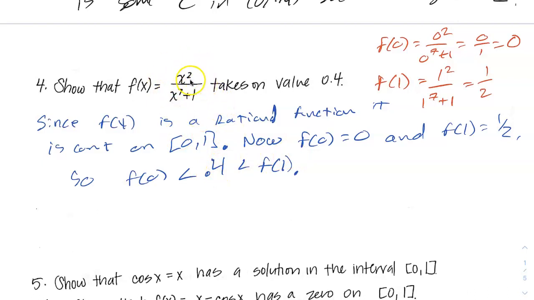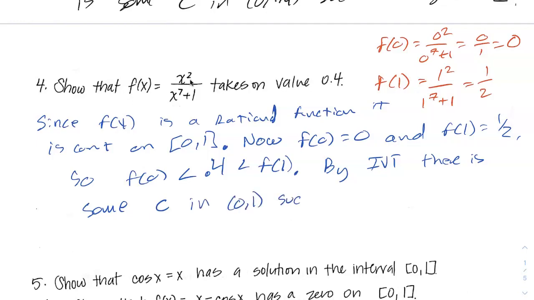So by IVT, there is some c in 0 to 1 such that f of c equals 0.4. Right, so it's a similar idea, just you have to come up with your own in that case.